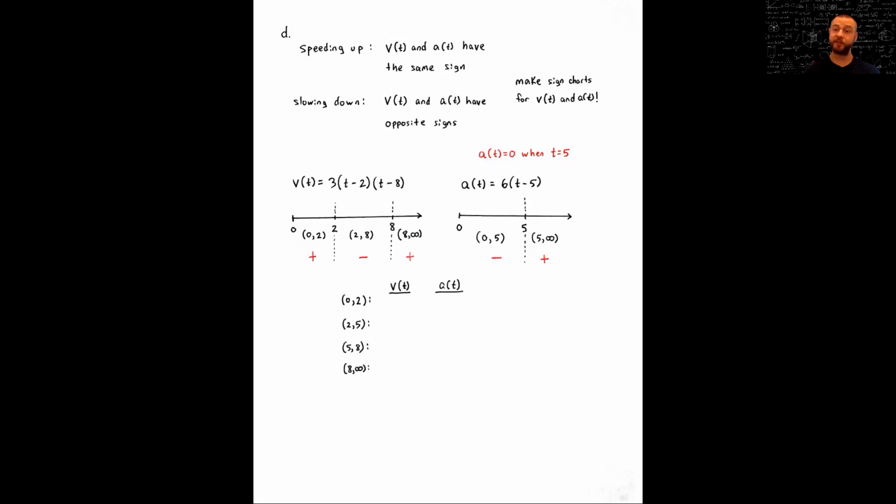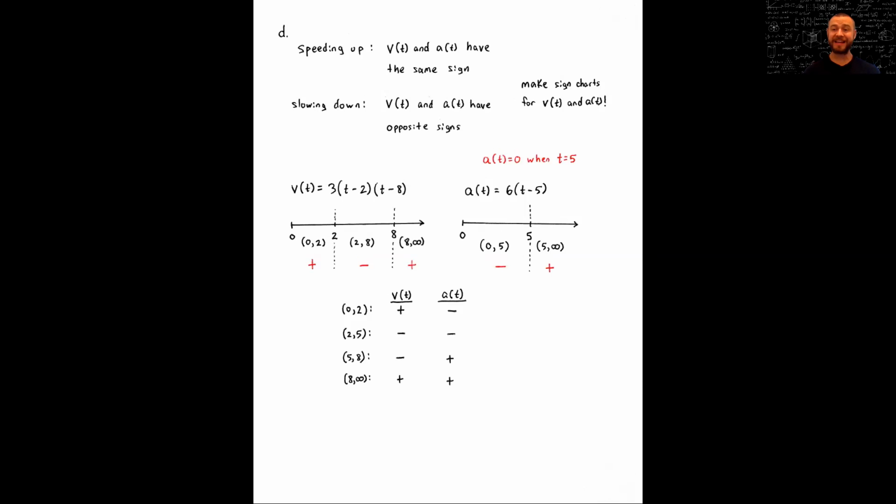So if we fill them in, let's take a look at the first one, the interval of time from 0 to 2. Notice in your velocity sign chart, from 0 to 2, your velocity is positive. And then on your acceleration chart, the interval 0 to 2 is already within the interval 0 to 5. So our acceleration from 0 to 2 will also be negative.